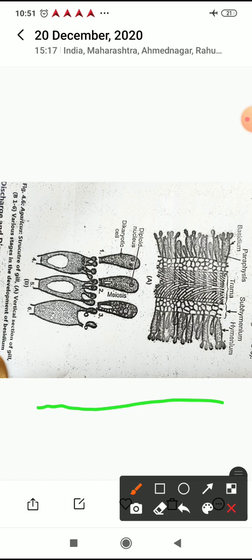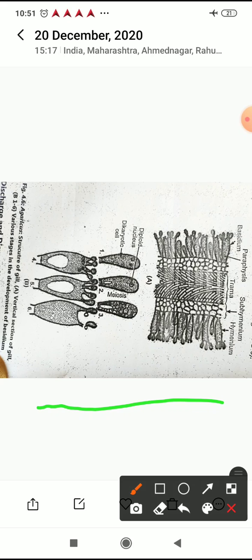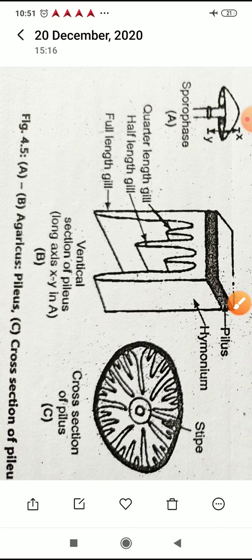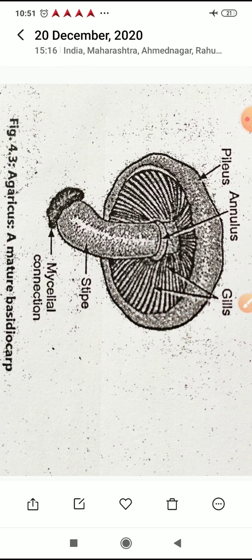We have seen how basidiocarp looks. Now once again we will see the structure of mature basidiocarp.